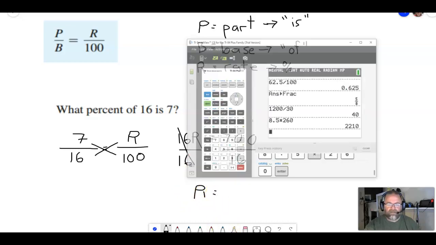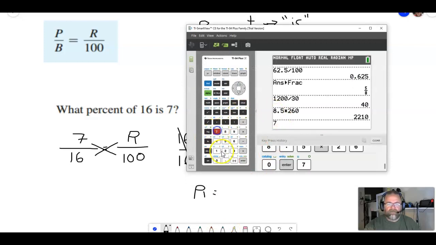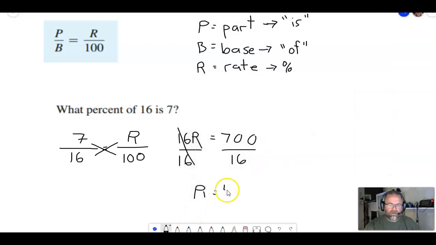So let's see what that is. 700 divided by 16 is 43.75. So our final answer would be 43.75% of 16 is 7.